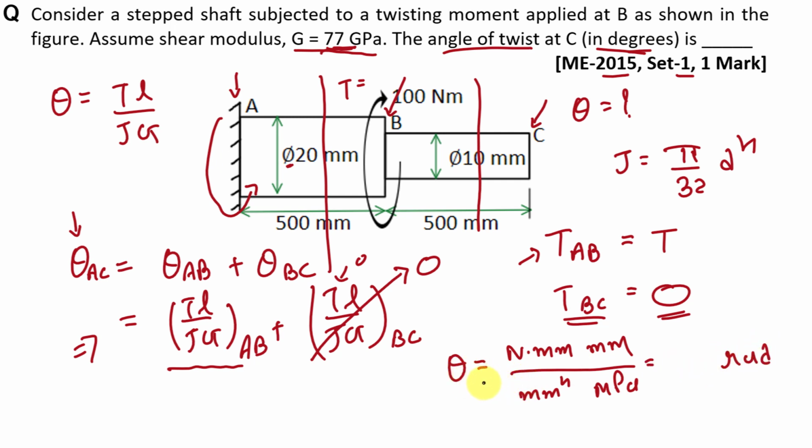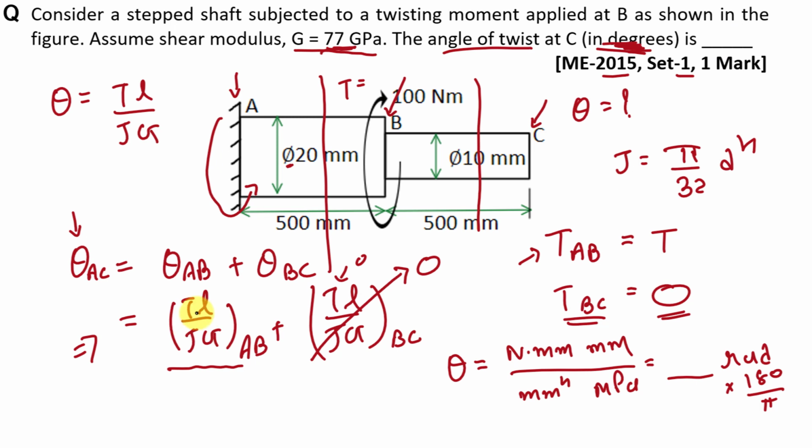So here whatever be the value of theta, that will be in unit radian, and here it is asked the answer in degree. So finally you have to convert this radian value into degree value, and for that you have to multiply this value with 180 by pi. Then you will get answer of this question.